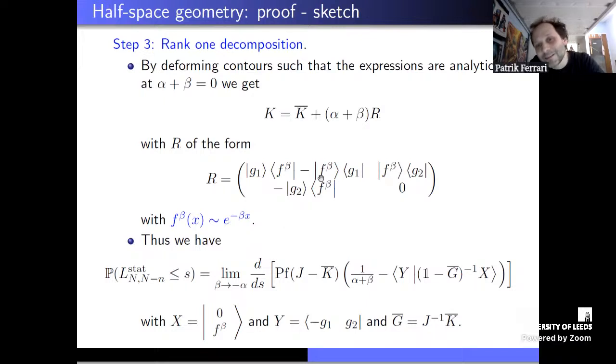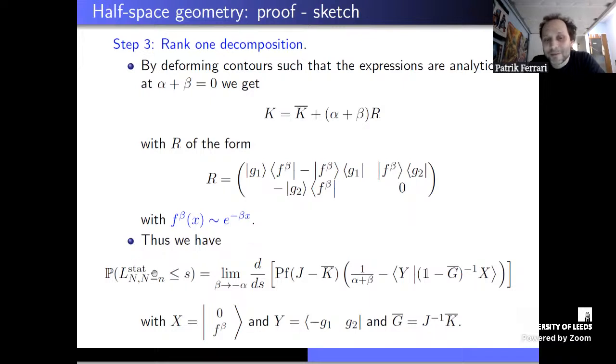But notice that the difficulty in the analytic continuation was coming from the fact that this function is exponential minus beta x, and say alpha positive, we want to take beta negative. So this function will diverge very fast. This actually generated quite some problem.